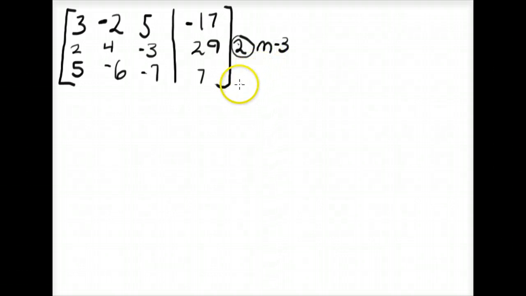And we're going to then add row 1 multiplied by +2 because that is going to eliminate this variable. So I'm going to write plus row 1 multiplied by 2.